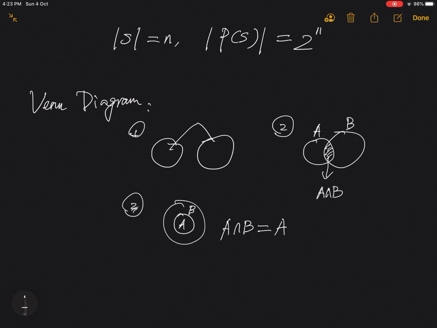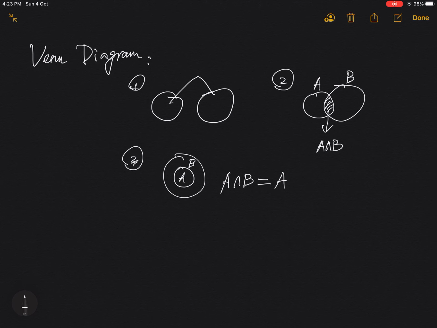For the Venn diagram, we need to note a set difference and complement. Okay. A minus B. It means what?